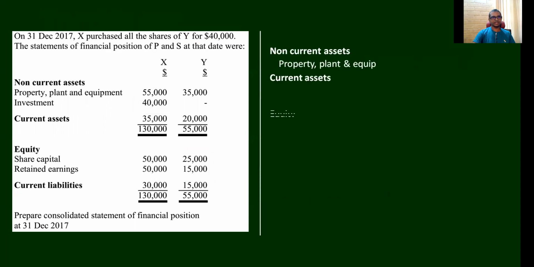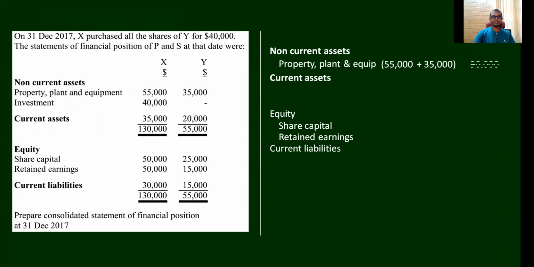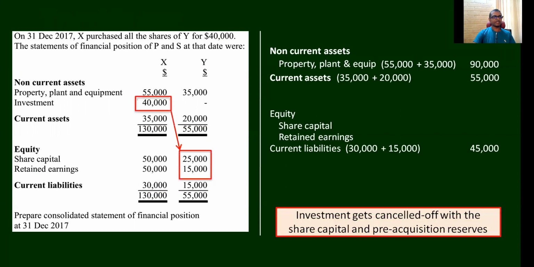In preparing financial statements, total of X and Y property, plant and equipment, total of current assets X, Y, total current liabilities X, Y, total or consolidated, and then share capital is only parent company share capital. Reason, investment gets cancelled off with the subsidiary company's share capital and pre-acquisition reserves.